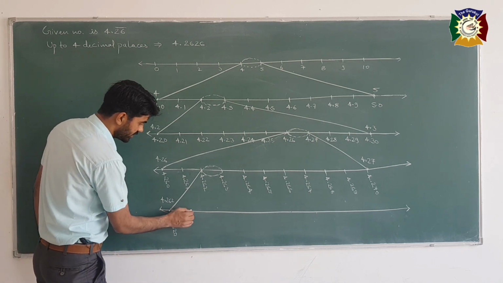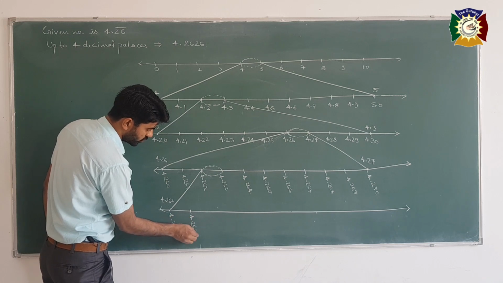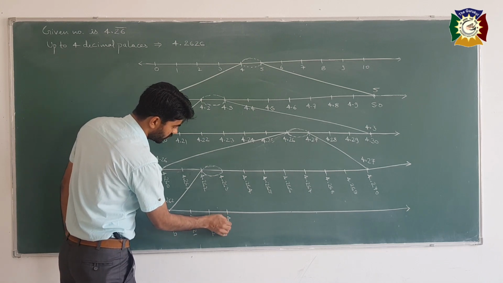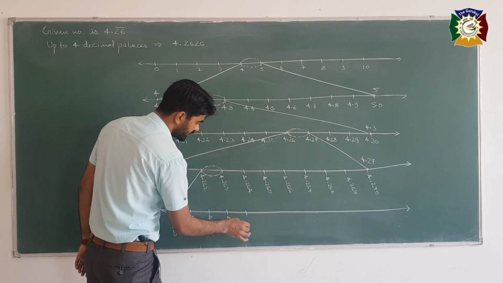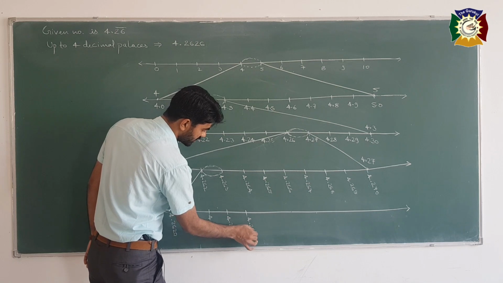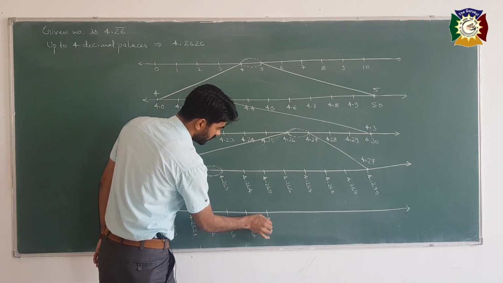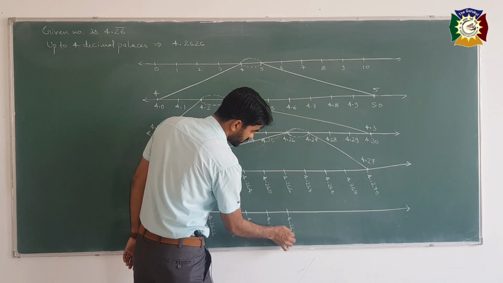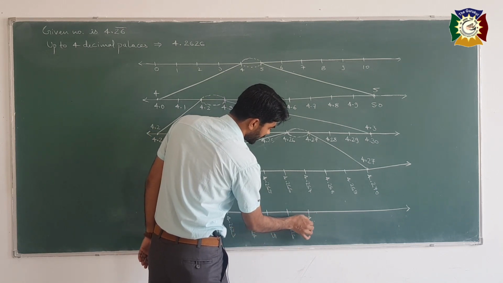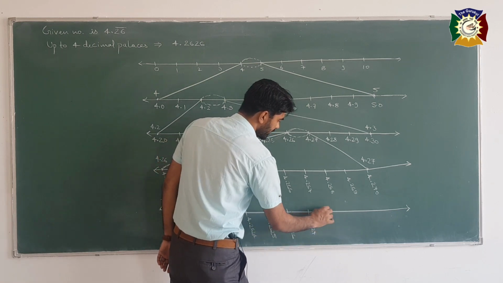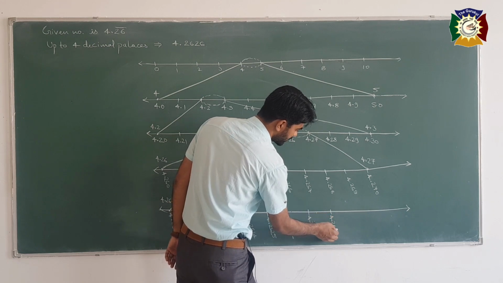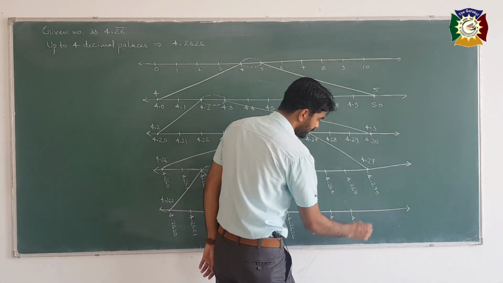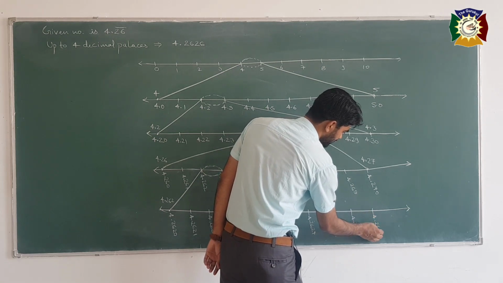So I am writing this as 4.2620 and next will be 4.2621, 4.2622, 4.2623, 4.2624, 4.2625, 4.2626, 4.2627, 4.2628, 4.2629 and next 4.2630.